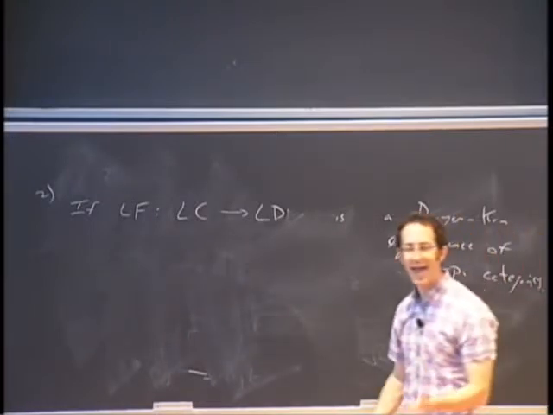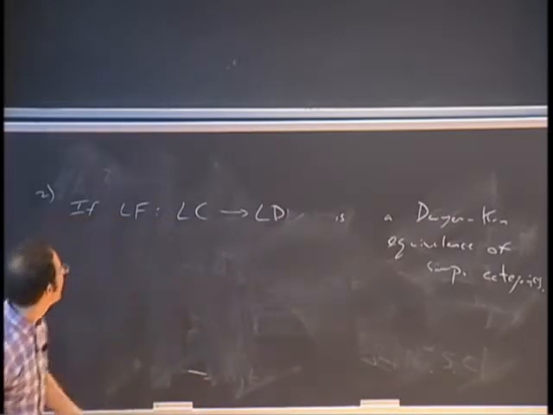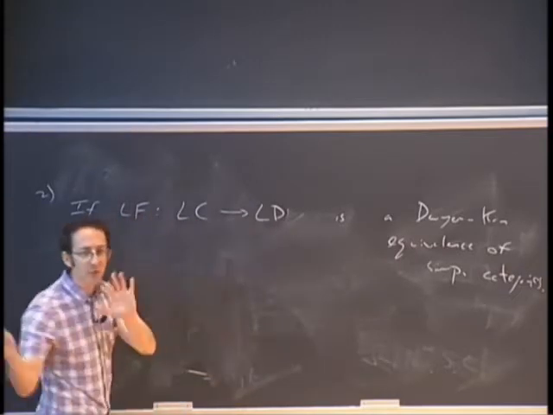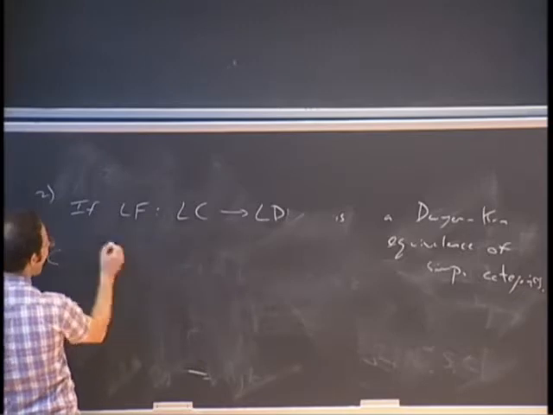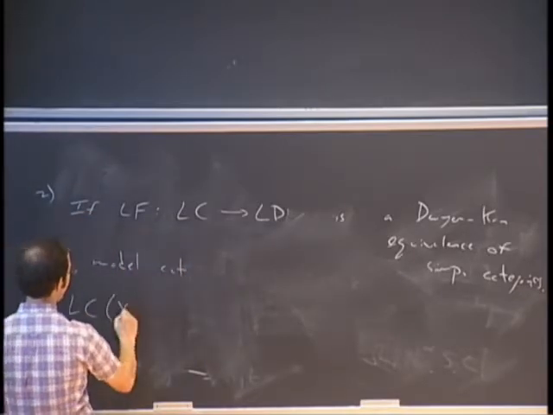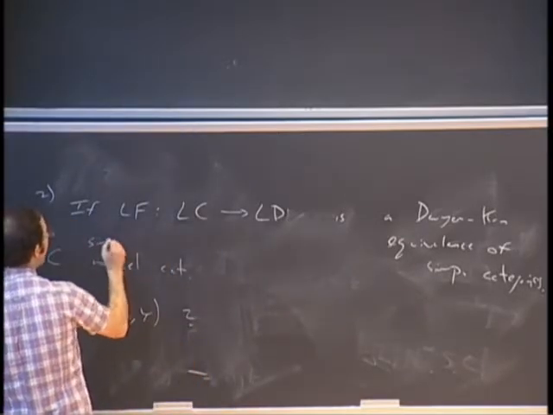It's an honest simplicial category, which is a miracle. It really is. And so just to give you some context, if you haven't seen this, one way to think of this is if C started life as a model category, then LC from X to Y, this is, let's say, a simplicial model category.